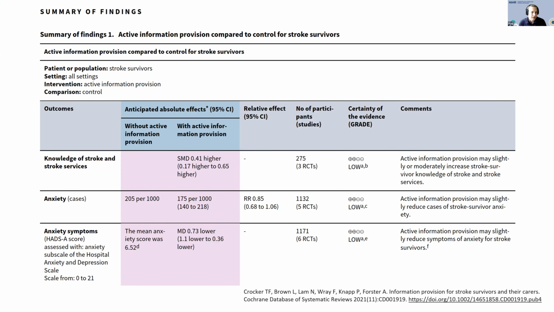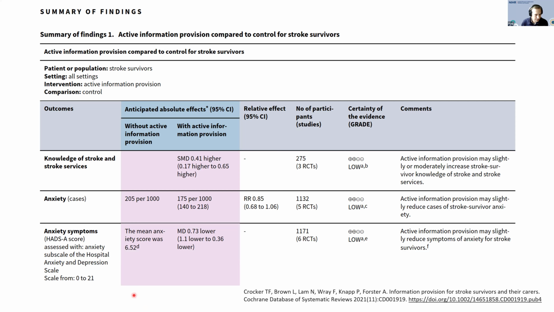One of the key outputs from the GRADE processes is a summary of findings table, such as this. For a typical systematic review with pairwise meta-analysis, it presents in a table one kind of comparison, one type of intervention against the other.